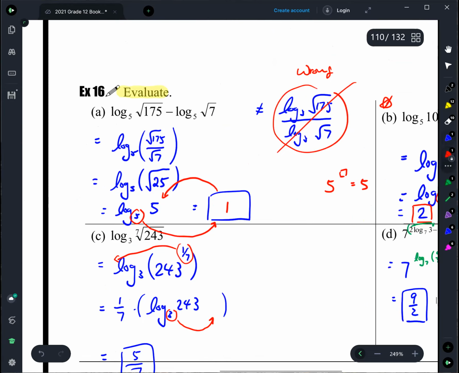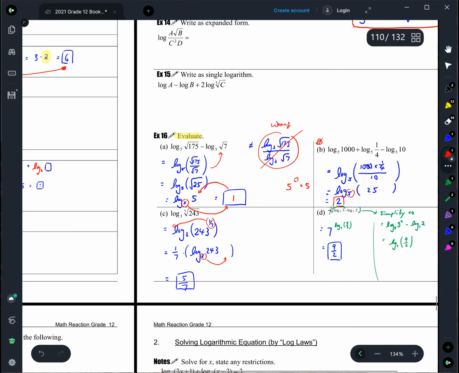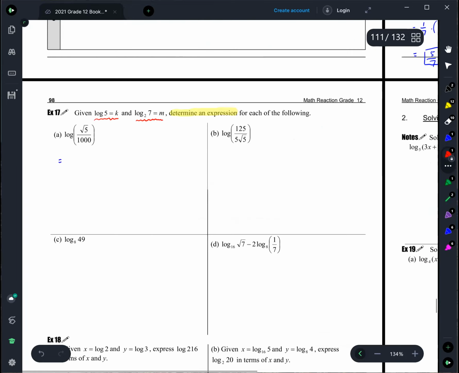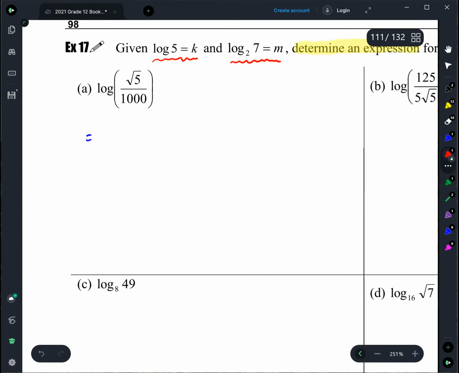Now, instead of more than one log, they give you a single log. So the only thing we can do is go back and write it out separately. We can apply the laws in two directions. You want to expand using your log law.